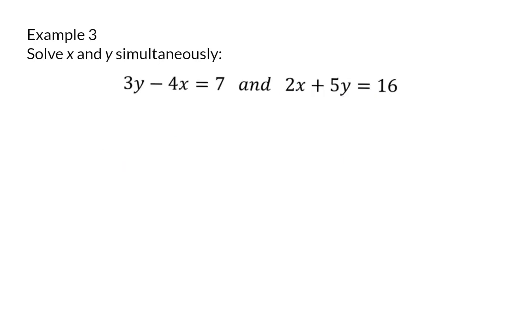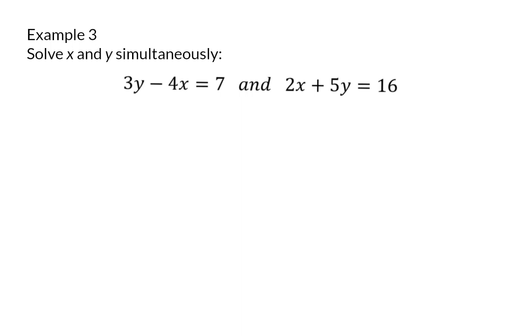In example 3, you will see that neither the coefficients of x or y are the same in the two equations, and that means we will have to adjust the equations before we can add or subtract them. You can now choose whether you want to make the coefficients of x or y the same, and I'm going to have a look at x.